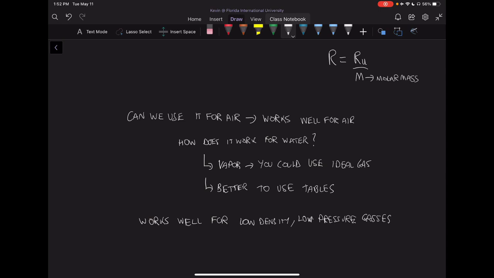Okay? But before we do that, I want to look at two different states and looking at a mass.